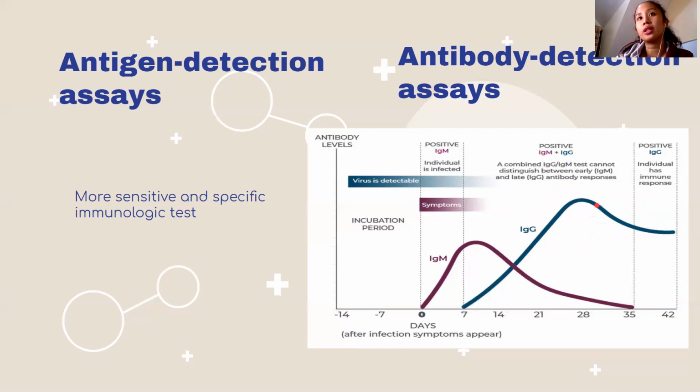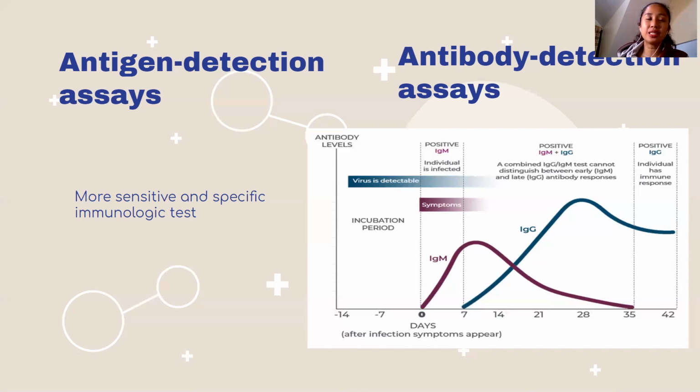That's the disadvantage of antibody detection assays, especially if you're testing for IgG. You could be positive even though you had that infection a very long time ago, so it is very prone to false positives. Even though you're not currently suffering from COVID-19, if you were previously infected, you can test positive for IgG.